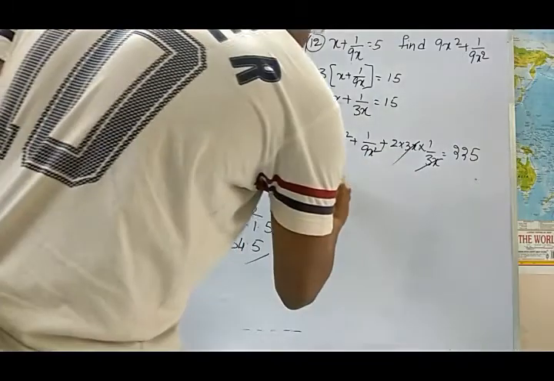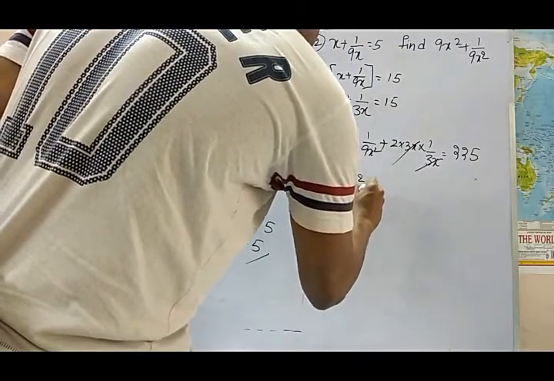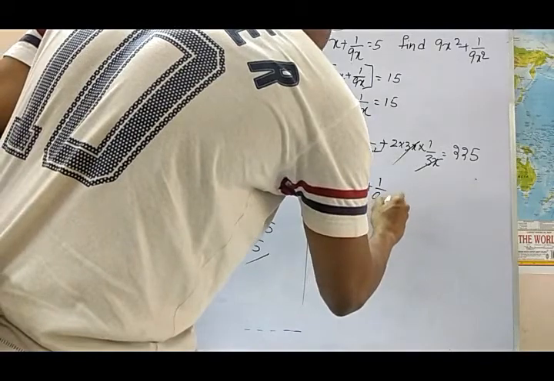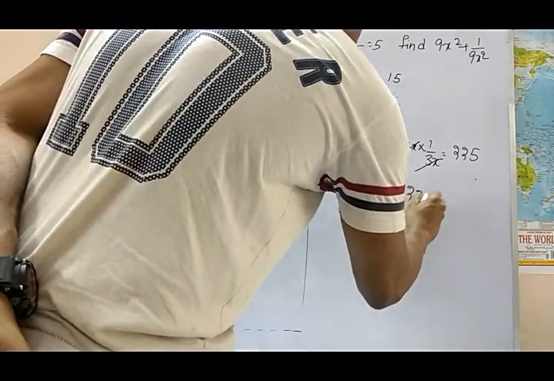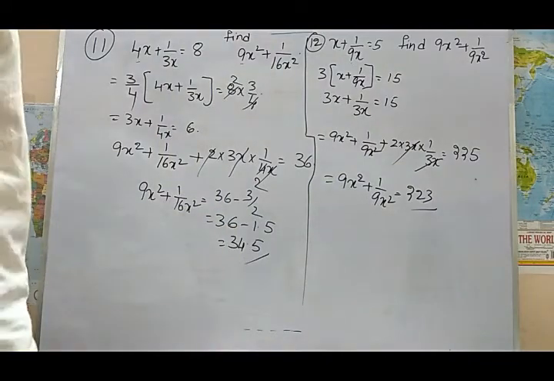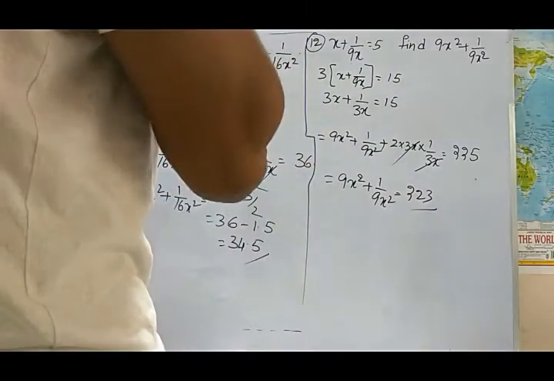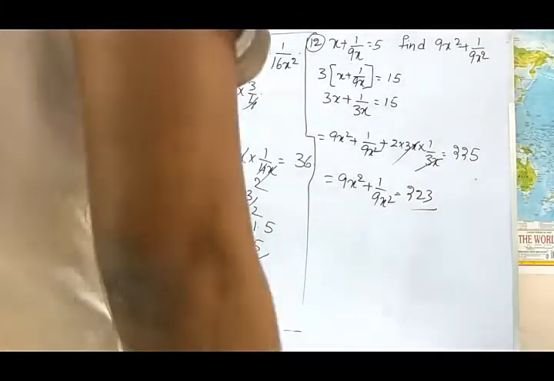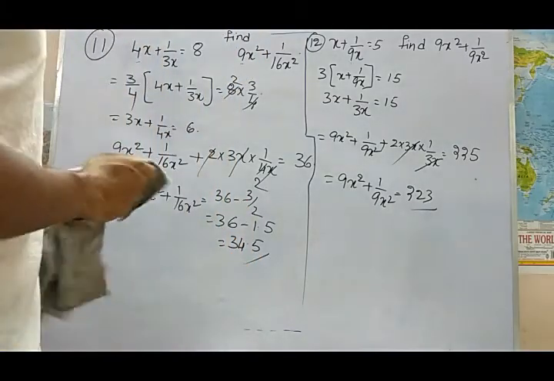So what we are left with? 9x square plus 1 by 9x square equal to 223. This is what we are left with. Okay, students? We'll take the next question.